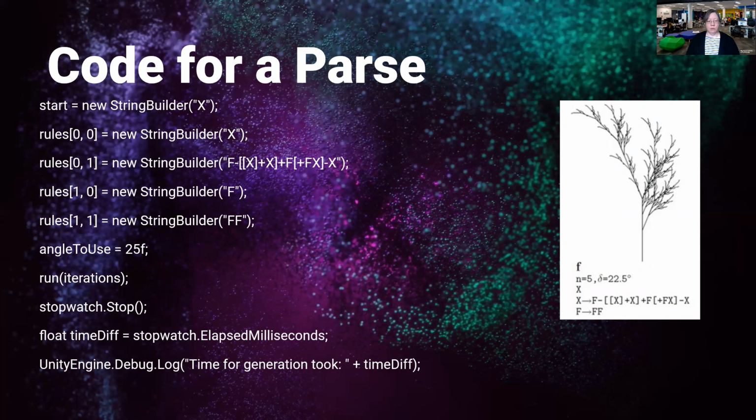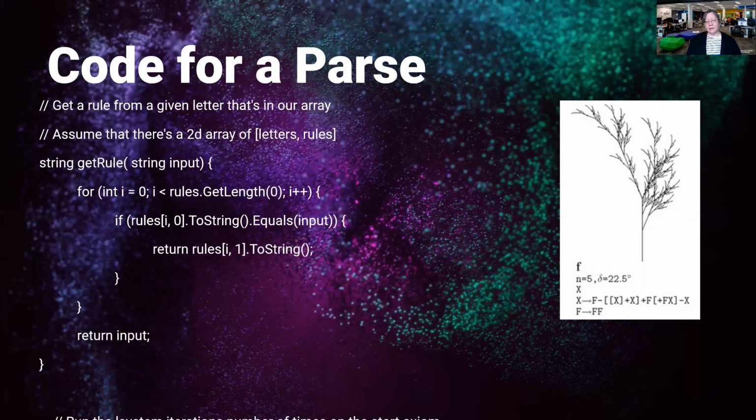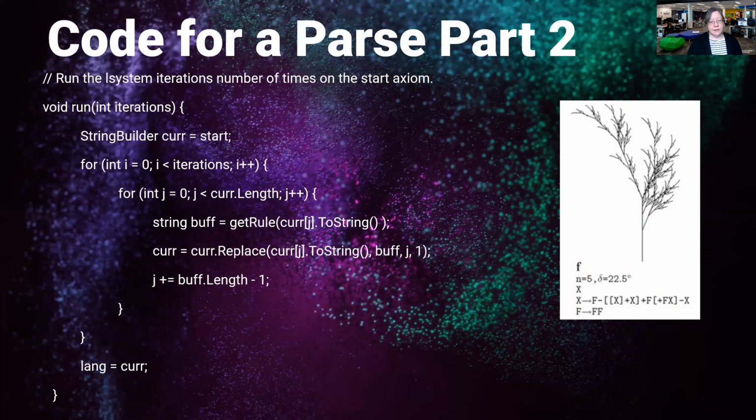It's run for a certain number of iterations, and then it gets printed out how long that actually took in terms of milliseconds. And that parse has two pieces to it. One is getting the actual rule from that array, which is what this is. The other one is going through the L system, the number of iterations, and doing the string replacement in there.